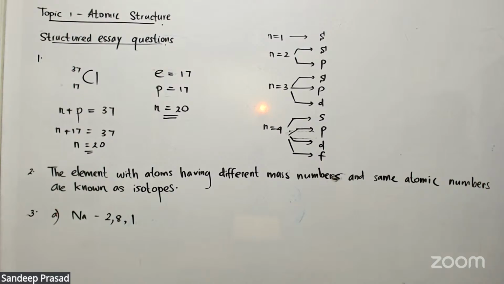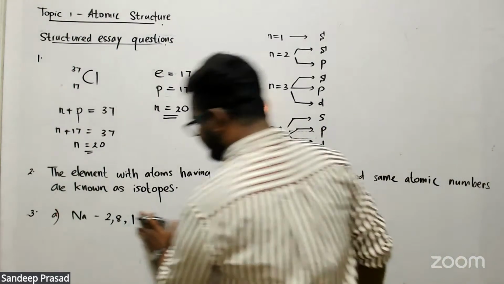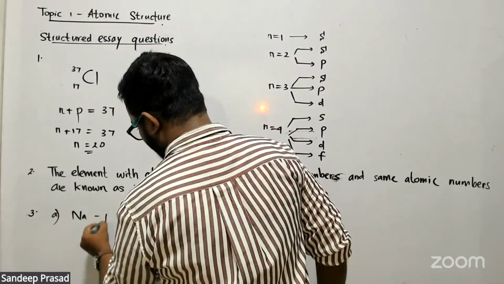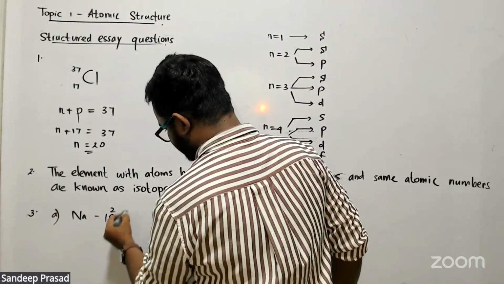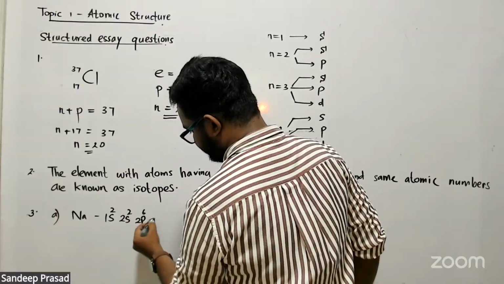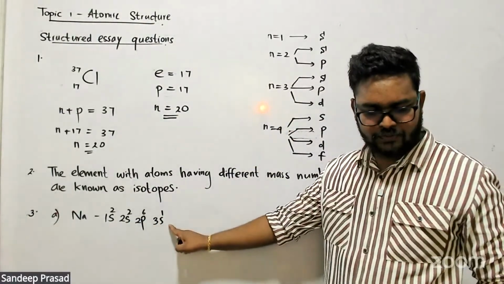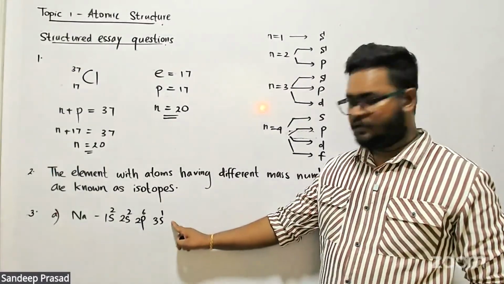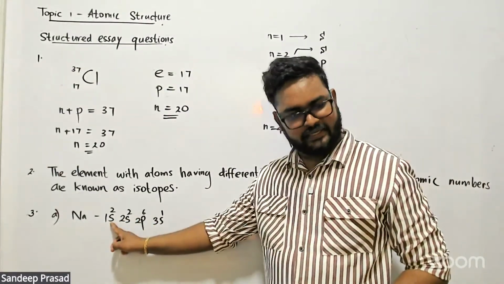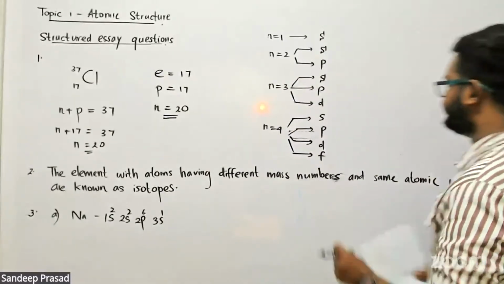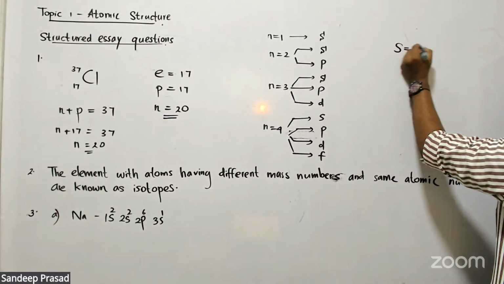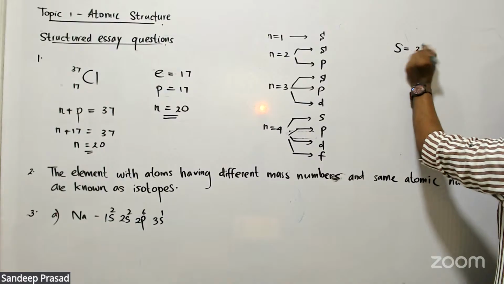So, sodium's configuration can be written as 1s2, 2s2, 2p6, 3s1. This is the electronic configuration for sodium. First principal energy level is containing S sub-energy level. Remember students, S sub-energy level can contain maximum 2 electrons.